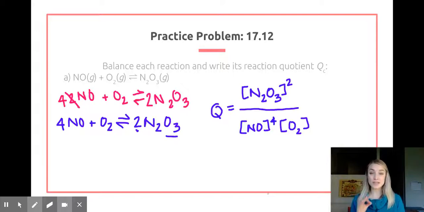Because we have not specified that this is at equilibrium, we're not worried about equilibrium in this instance. But if we were specifying that we were writing the reaction quotient at equilibrium, we would have Q sub EQ, or Q for equilibrium. We write them the same way, especially when we're dealing just with concentrations, but it is important to know exactly what it is you're saying when you write an equation like this.